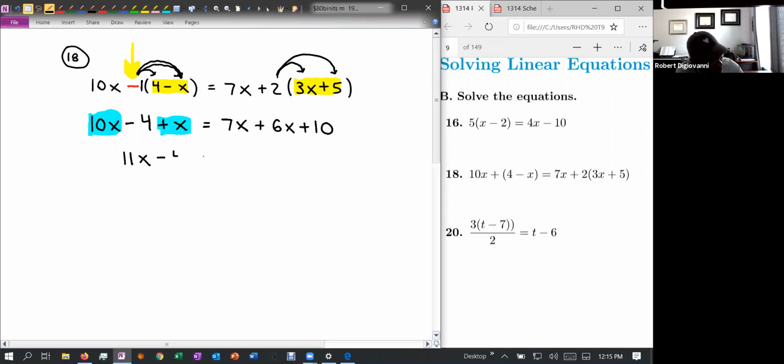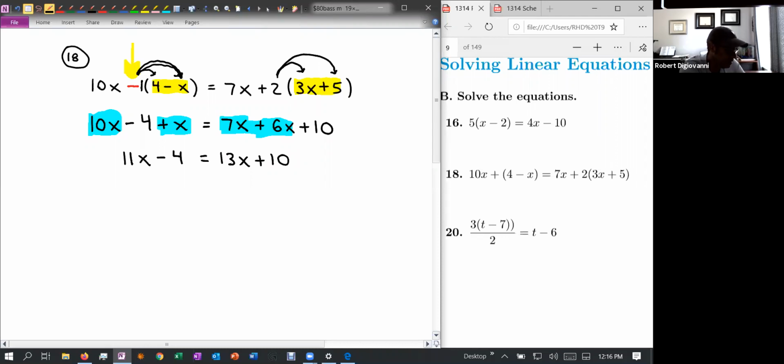Take away 4 equals, and then on the right-hand side, we have 7 x's, and we're going to add to that 6 x's. So that should give us 13 of them. Right? We cannot do any more, right? That is it. We have collected like terms.